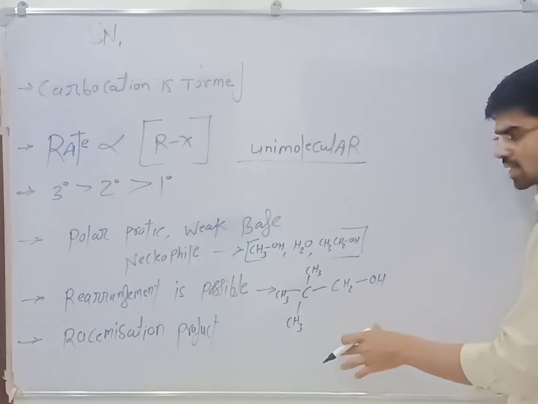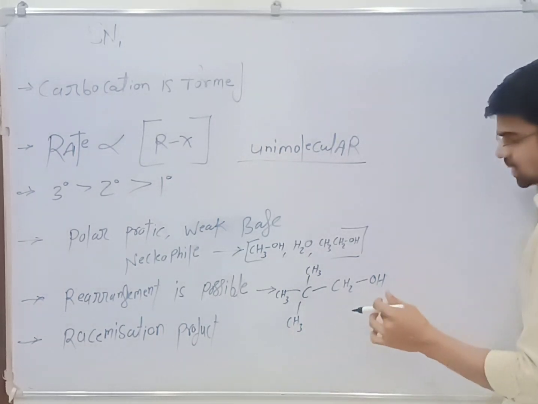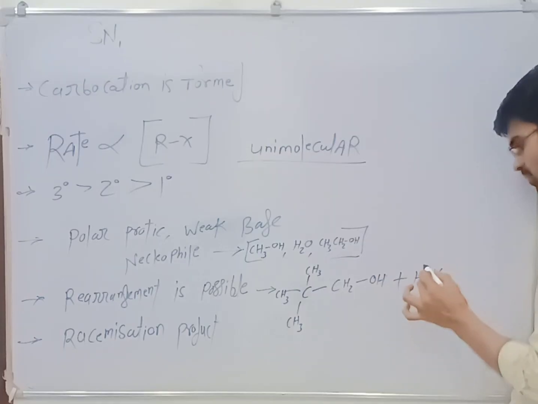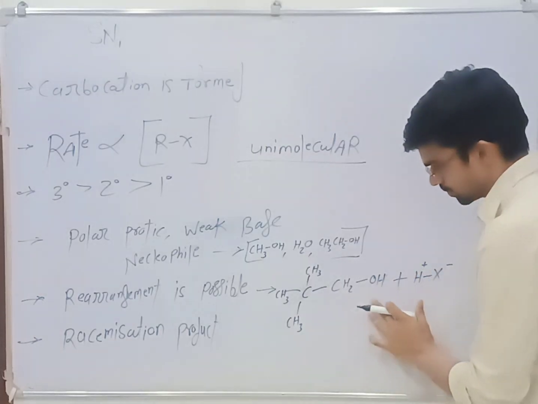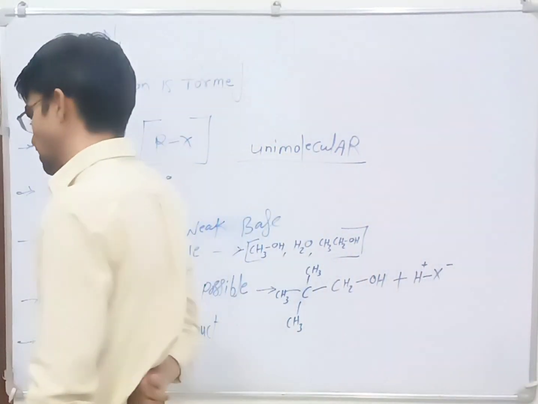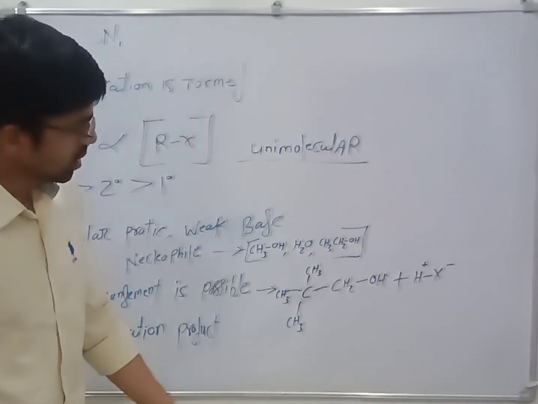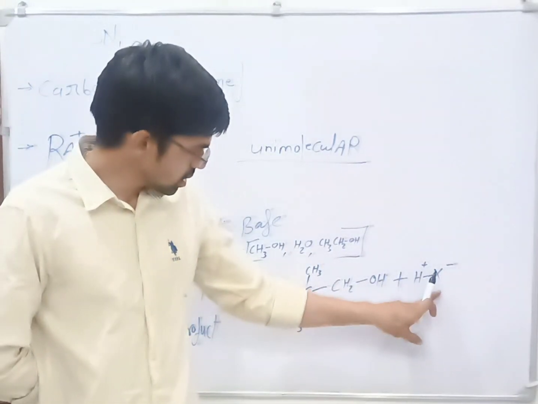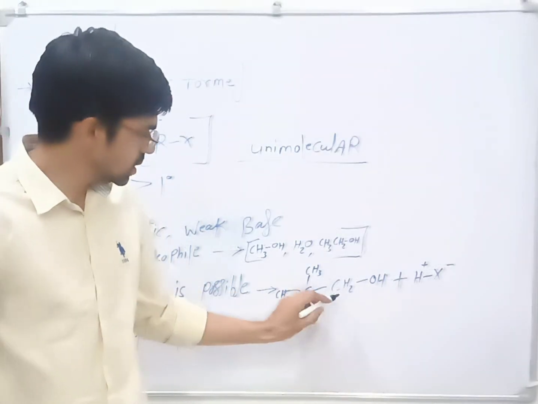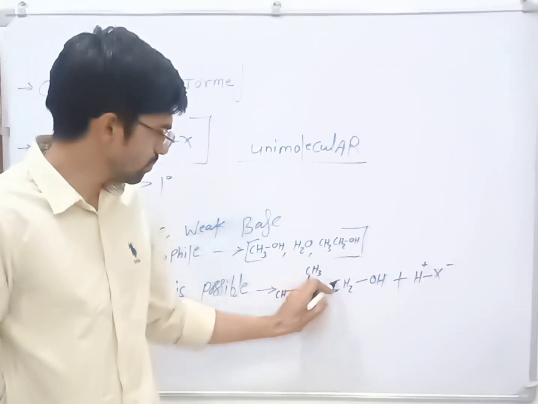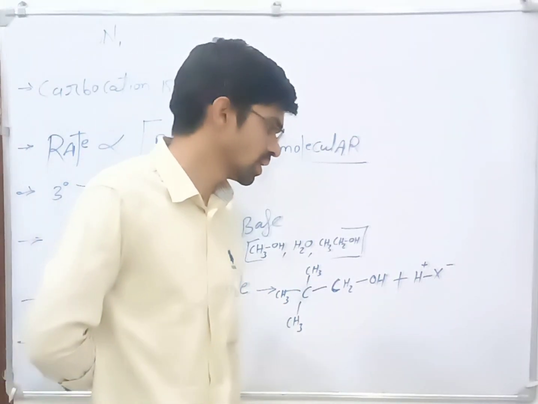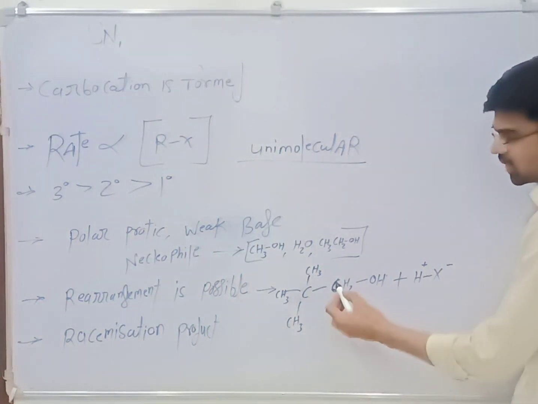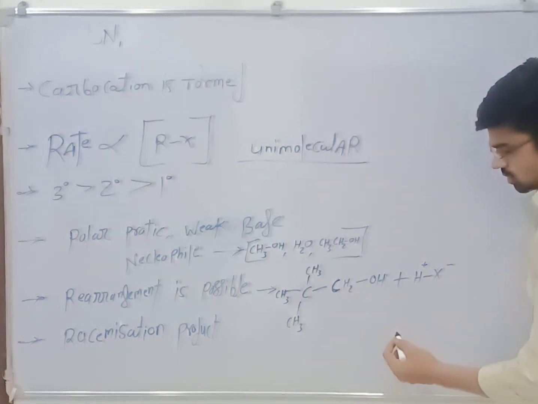Now, if we react this kind of reactant with HX, when the OH gets separated from this carbon, X will attack this carbon. But this carbon is a 1 degree carbon, and we know that a carbocation is only stable at the 3 degree. What will happen?